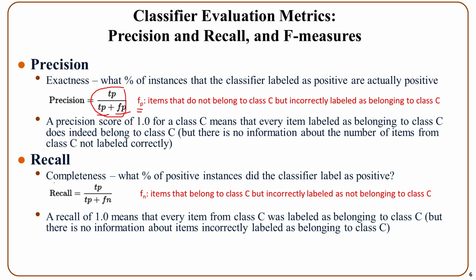And recall is basically the completeness. What percentage of positive instances did the classifier label as positive? It is the ratio of true positives divided by true positives plus false negatives. False negatives are actually the positive instances that are misclassified as negative, so they are called false negatives.